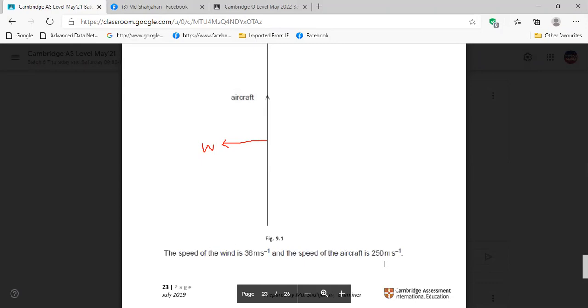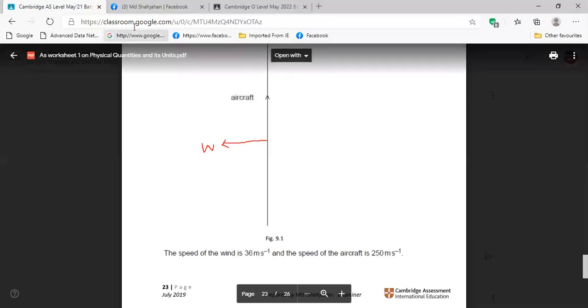Is it clear? 1 centimeter is how much? 18. Now you write this scale diagram.